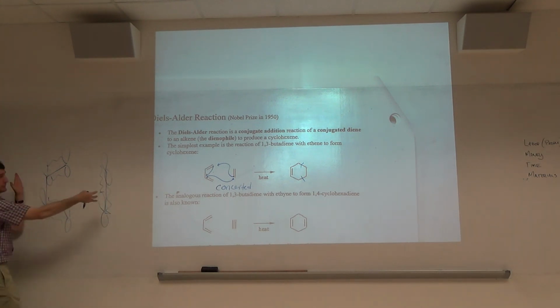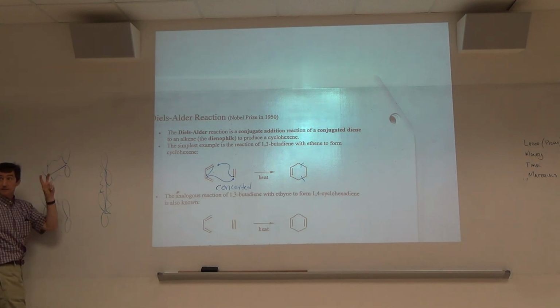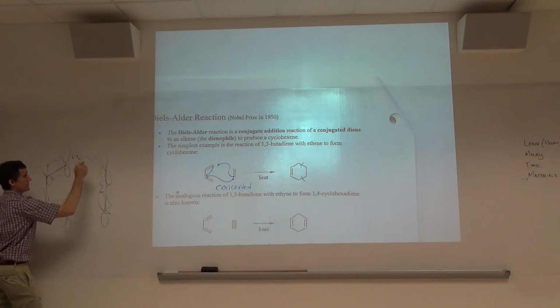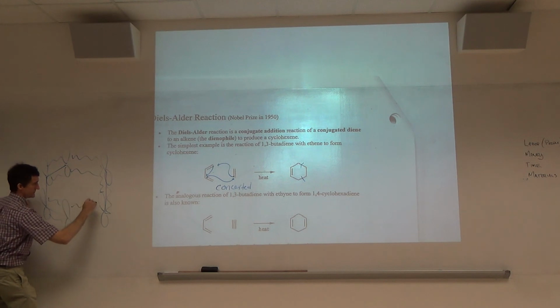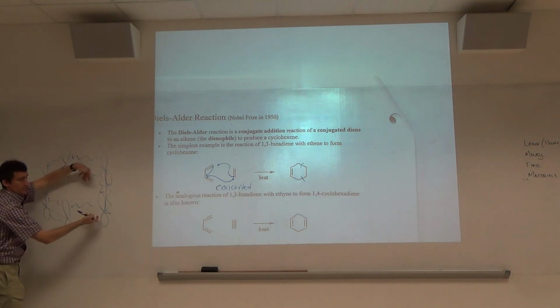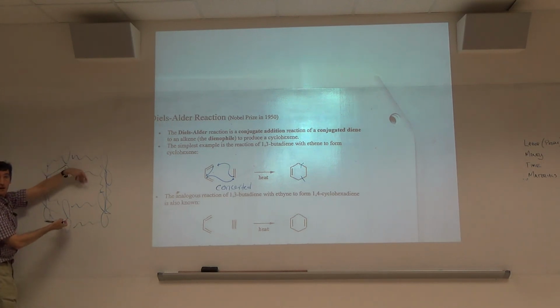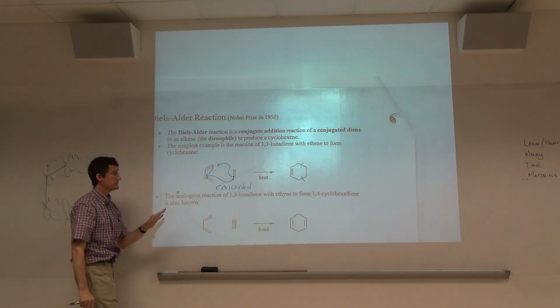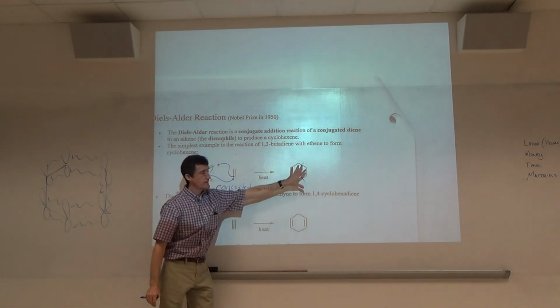These approach close enough to react, and this starts overlapping, and that starts overlapping. Now you have a transition state, which probably will show in the book. The electrons have to sit somewhere, and ultimately this becomes bonded, and the electrons end up sitting here while these become bonded. So it's all p orbital overlap in your transition state. We show it like this, and that's your output.